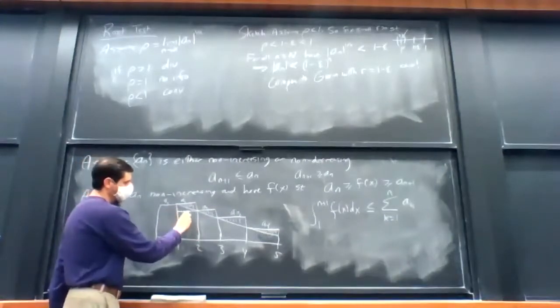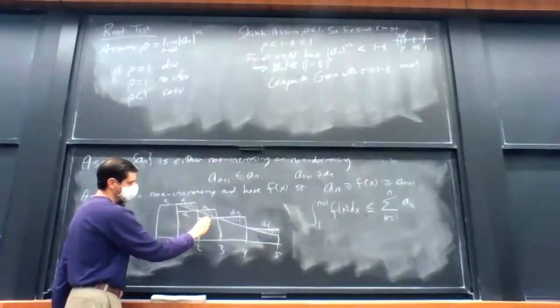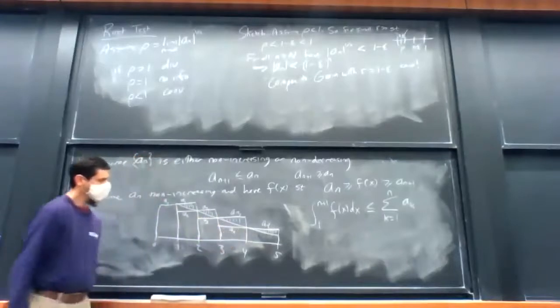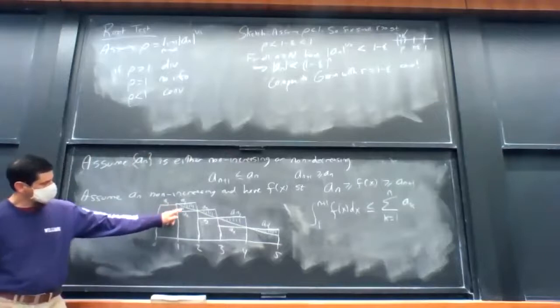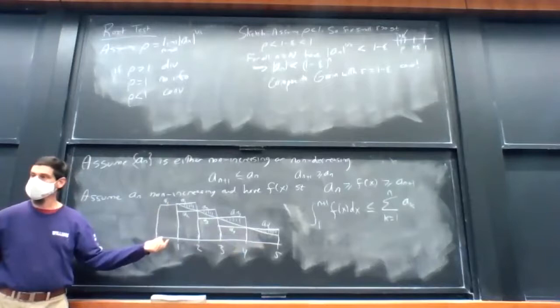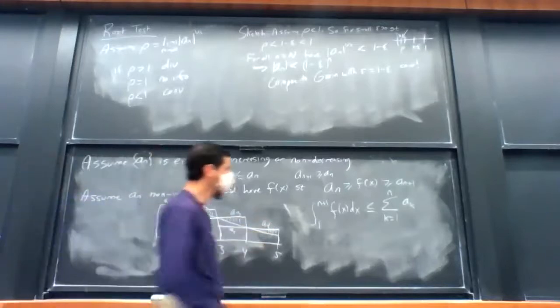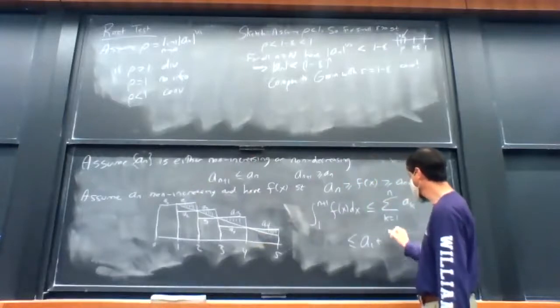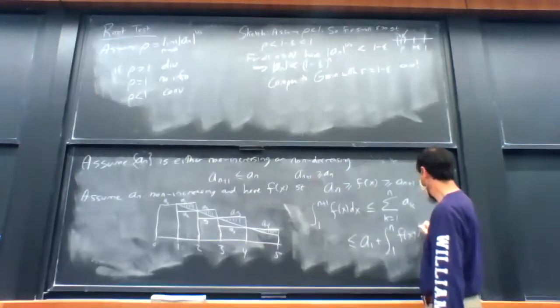And this will be my a_2, this will be my a_3, this will be my a_4. Now, if I integrate from 1 to 4 and add in the value a_1, it's going to be an upper bound. So this sum will be less than or equal to a_1 plus the integral from 1 to n of f of x dx.